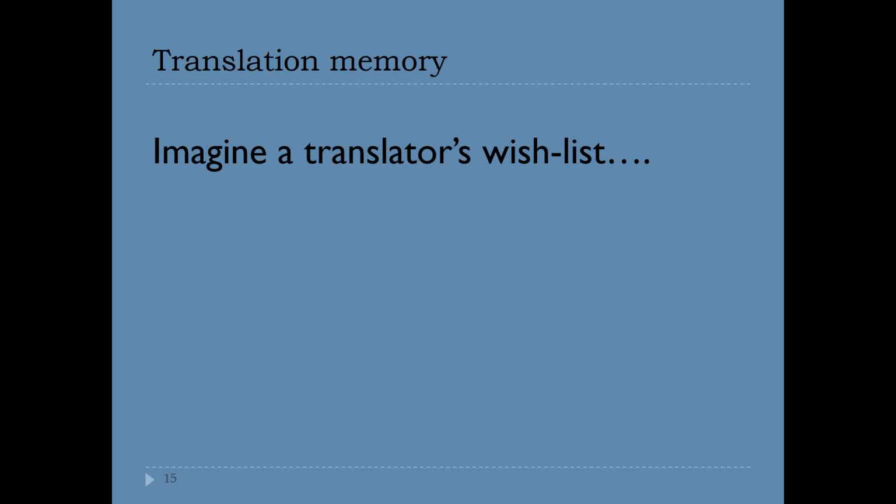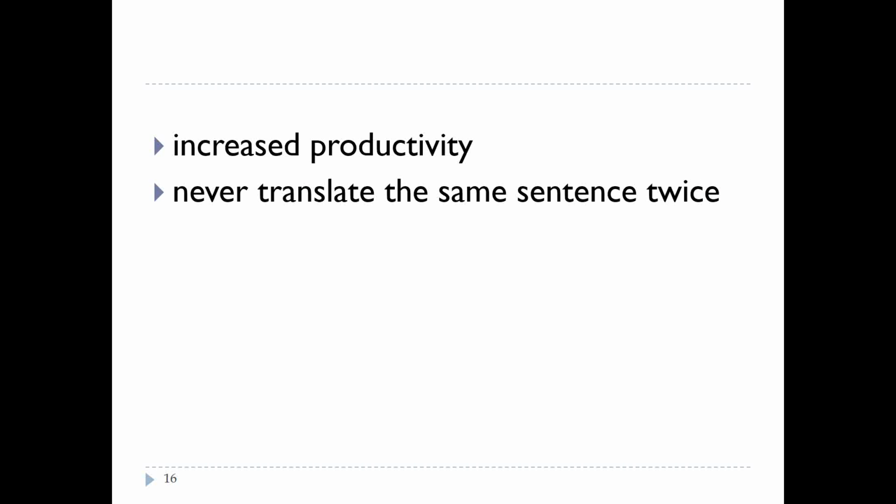Okay, so I suppose before translation memory was invented, translators might have wished that certain tasks could be made easier, possibly by the use of computers. And these would include an increase in productivity. Translators always want to be able to translate or work faster, and therefore to earn more money more quickly.